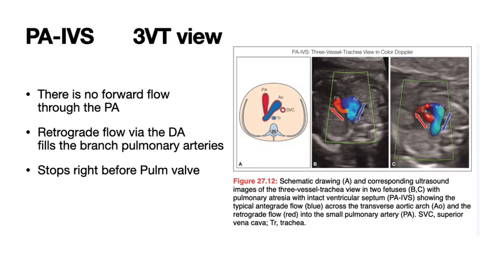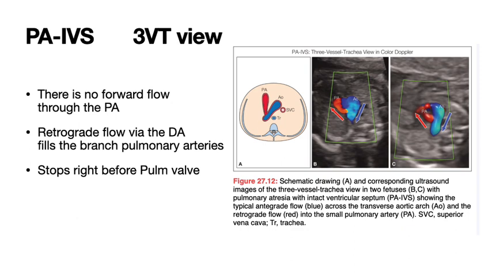All right, what does the three-vessel trachea view look like here? Well, instead of both parts of the arrowhead going the same direction, there is no forward flow in the pulmonary artery.